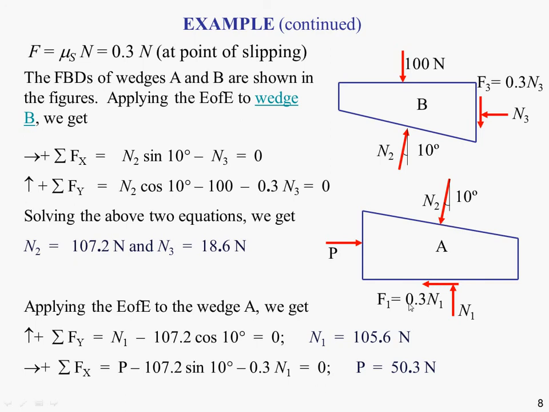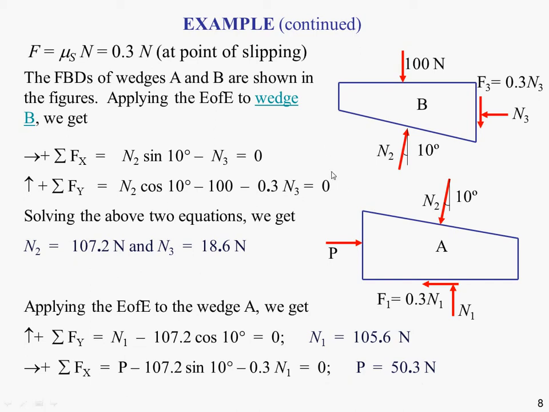Again, because we're at the point of slipping, we can apply F equals mu N, so 0.3 times N1. N1 we calculated up here, so that leaves us with our only unknown being our force P, and if we solve that, we get P equals 50.3 newtons.